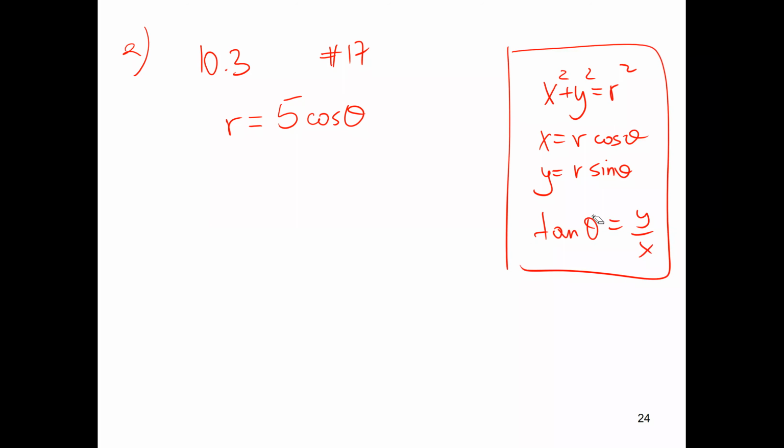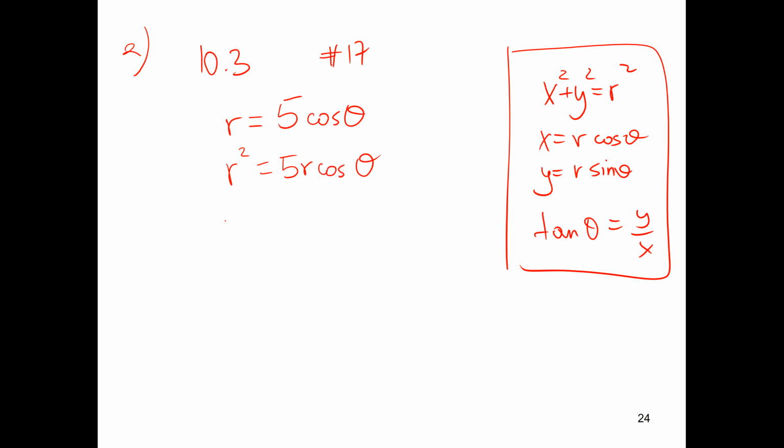And then looking at them, we can try to eliminate r and theta and have x and y. What we will do is multiply both sides by r. This will be r squared, and this will be 5r cosine theta, right?